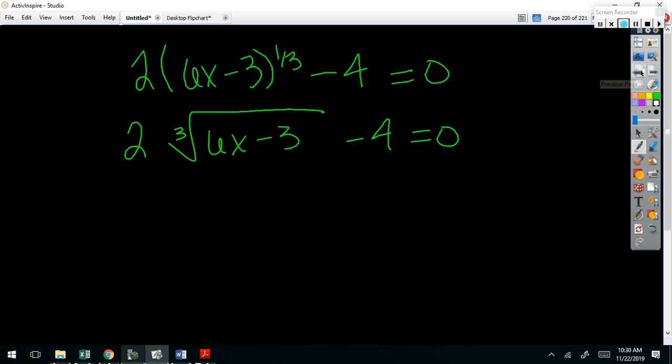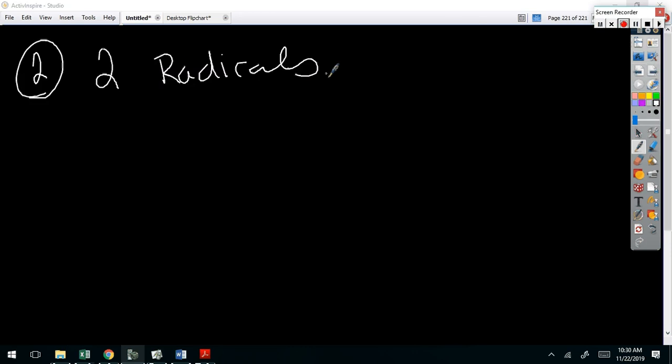Scenario number 2. Two radicals. Nothing else. Nothing added, subtracted, anything like that to it. It's just 2 radicals, okay?